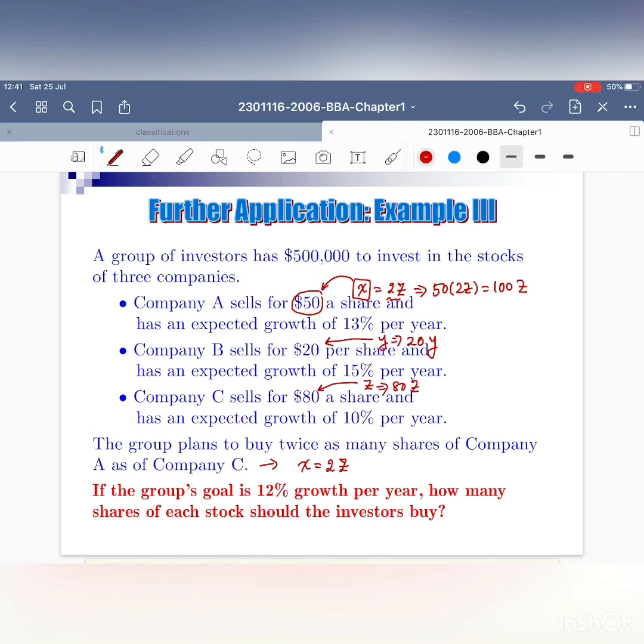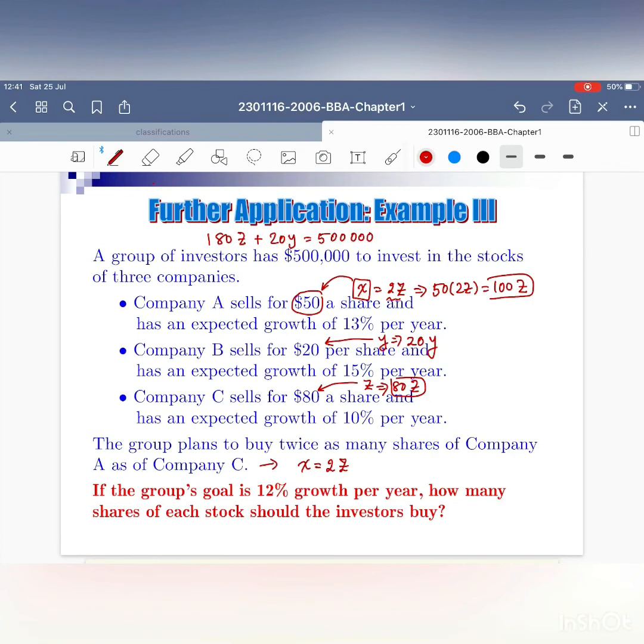Okay, this is how much you pay. So altogether, this is 80, this is 100, so you pay 180Z and 20Y equals 500,000, the money that you can invest, right?